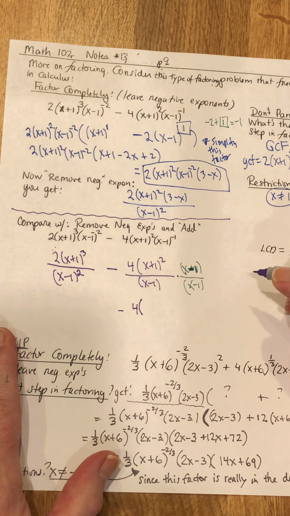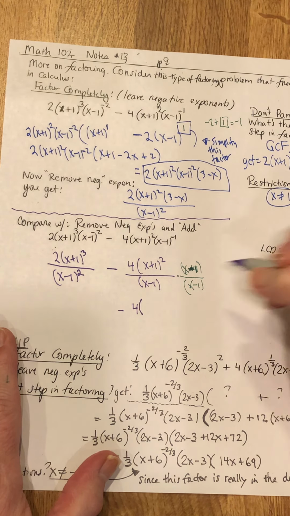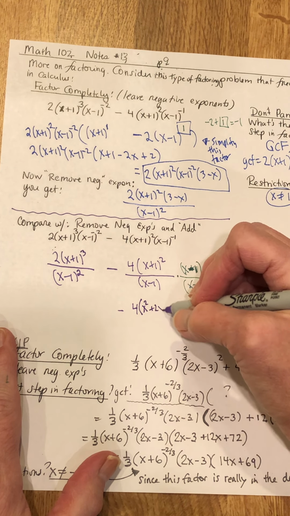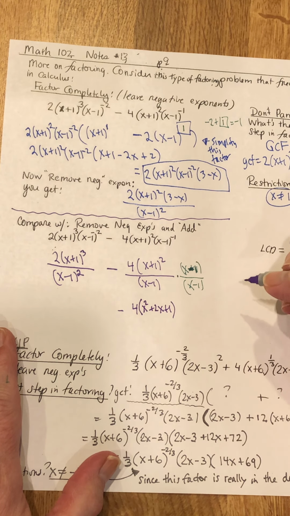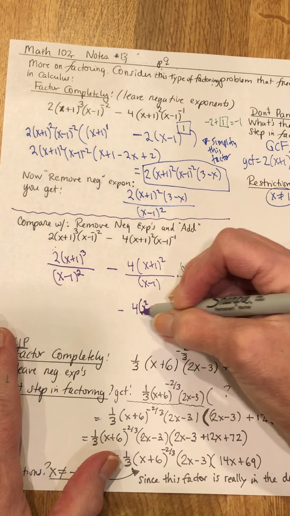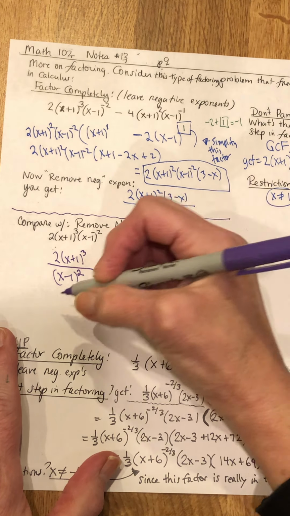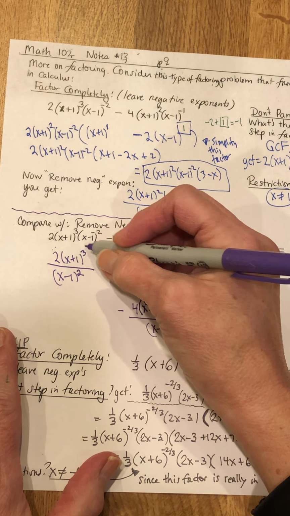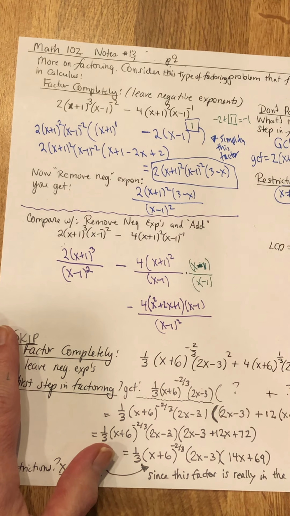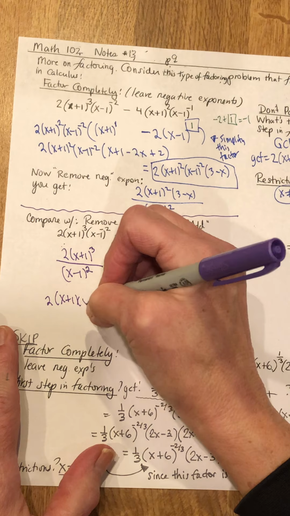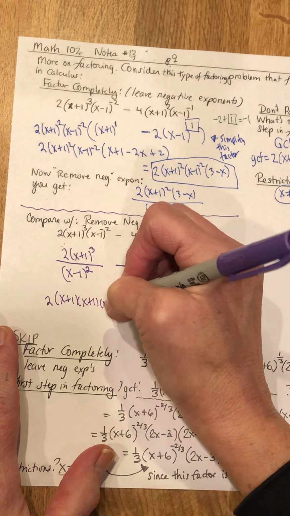Oh goodness, I don't really want to do this. Look at this mess. I would need to multiply this out. This is x squared plus 2x plus 1. Then I'd have to go times x minus 1 over the LCD. And I would have to multiply this out. Don't you dare distribute the exponent to those terms. You'd have to go x plus 1 times x plus 1 times x plus 1.